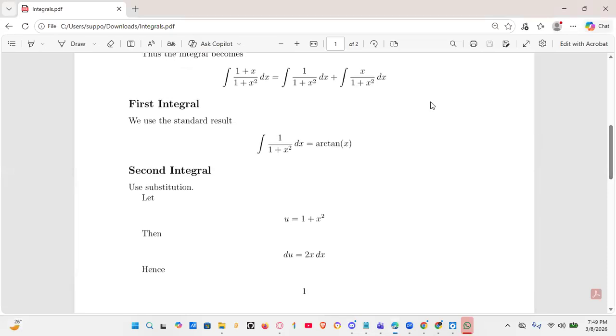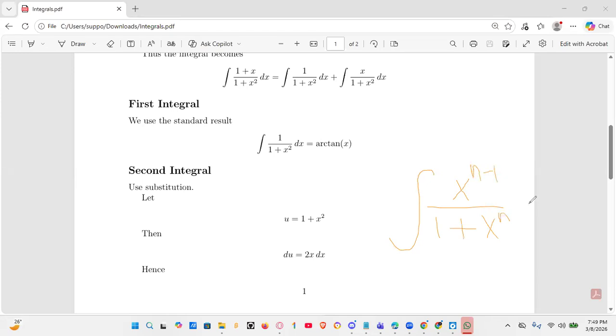For the second integral, we can use u-substitution because we have a first degree polynomial being divided by a second degree polynomial. Something like I have an n over there and I have n less than 1.